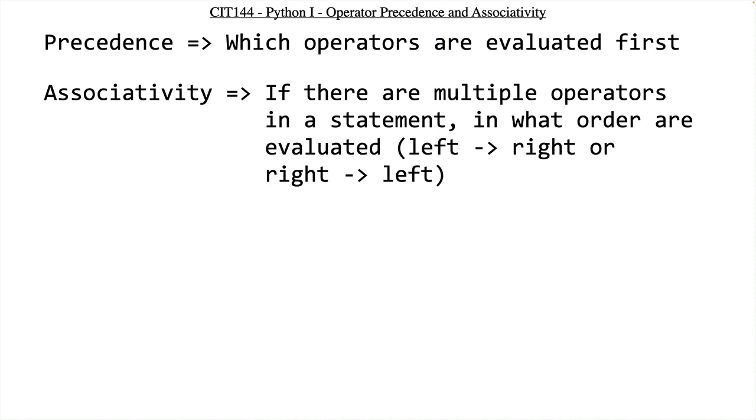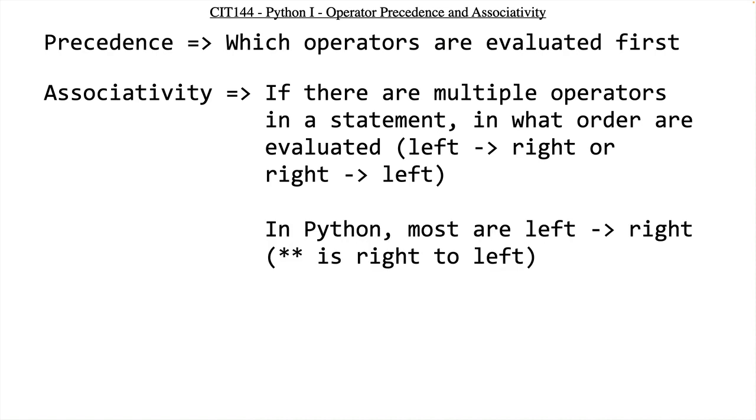The order would be either left to right as they appear in the statement, or right to left. I said it's maybe not as big a deal in Python because most operators are evaluated left to right. Exponentiation, the star-star operator, is one of the examples that is right to left.